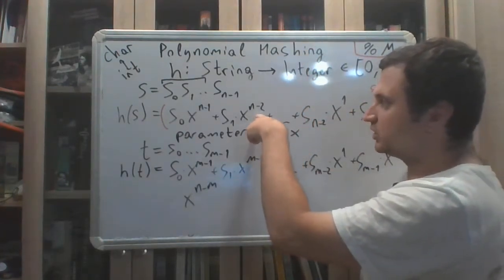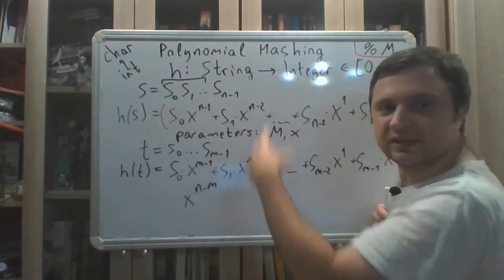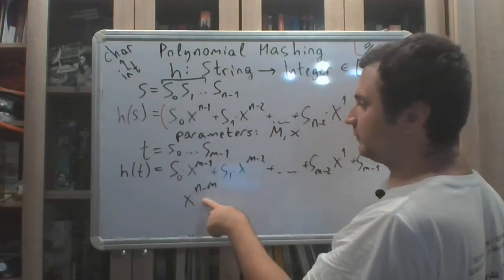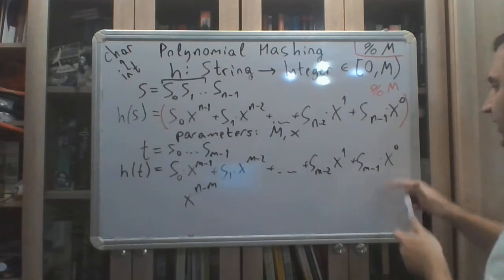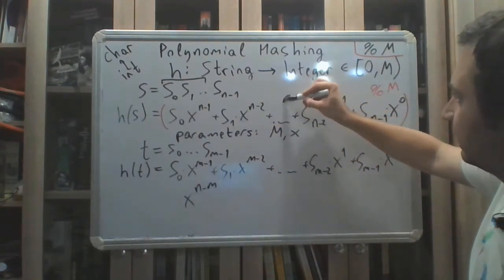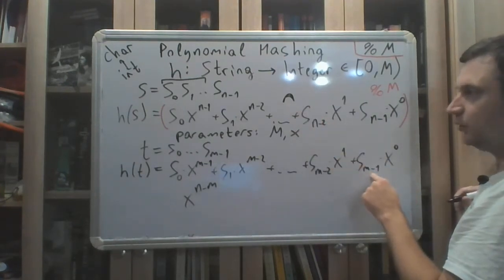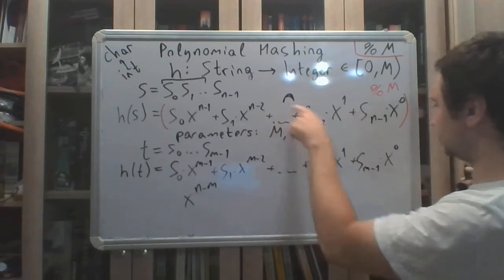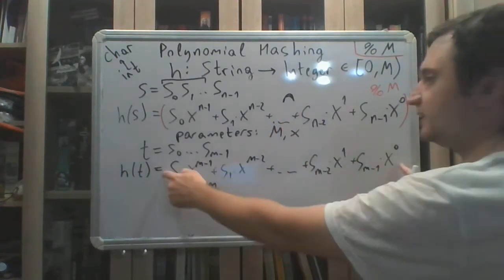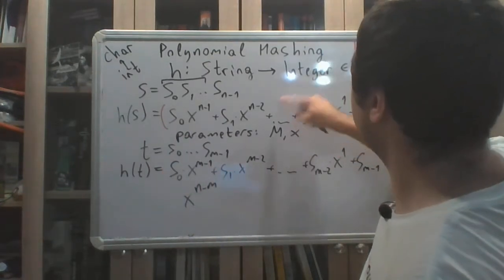And this term is also larger than this term, and if you divide this one by this one, the ratio is once again x to the power of n minus m. And so on. This term also is present somewhere over here. And once again, here s with index m minus 1 is multiplied by x to the power n minus m. So this polynomial is almost present somewhere around here.